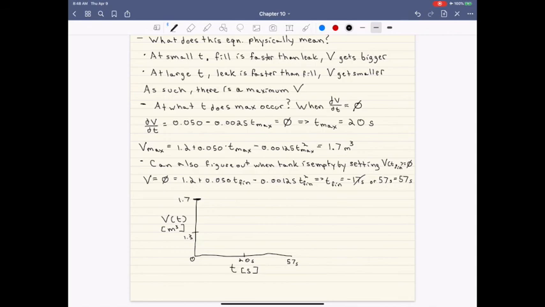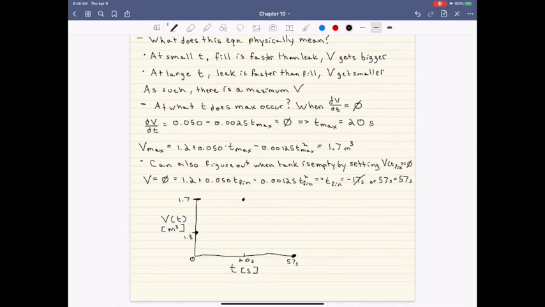Okay. Alright, and so from our equation, we could just start pointing out that at time equal to 0, we know that the volume of water in our tank is 1.3. At 20 seconds, we know that the volume of water is at its maximum. It's at 1.7. And then at 57 seconds, we know the volume of water in the tank is 0.